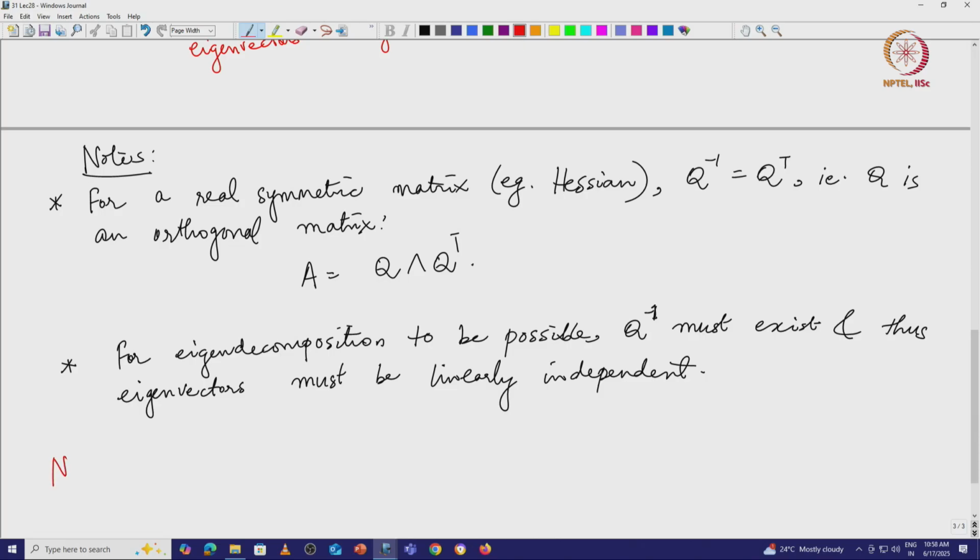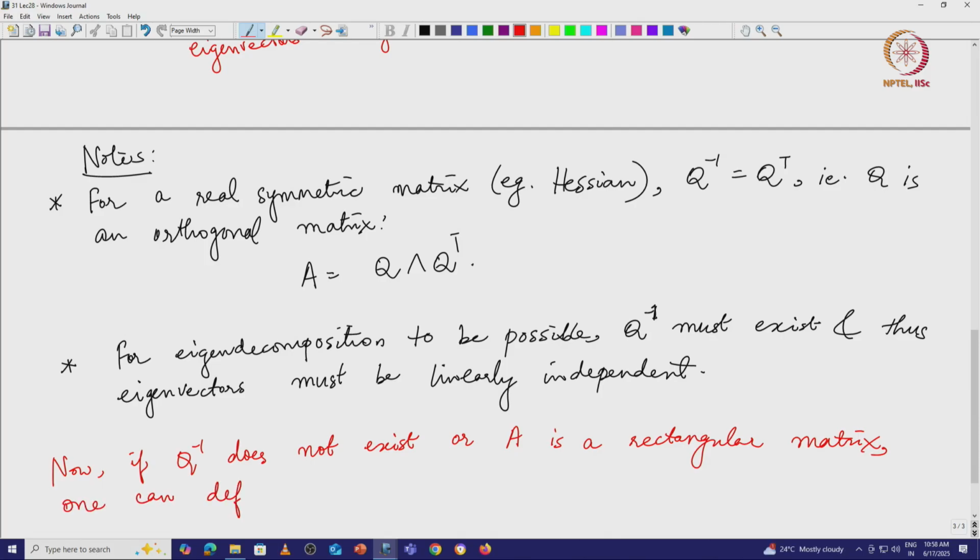So, now if Q inverse does not exist or A is a rectangular matrix, eigenvalue decomposition is not possible, but one can define the singular value decomposition.